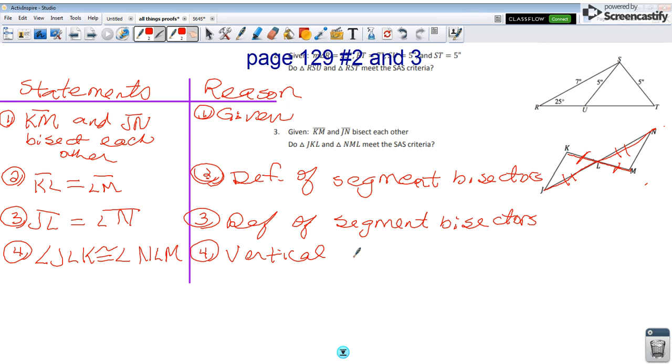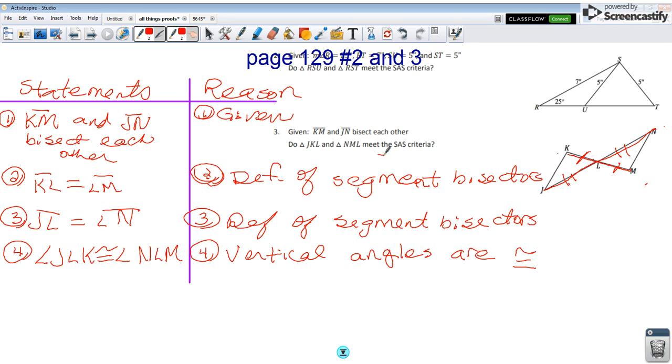Yes, Caleb. JLK and NLM. Vertical angles are congruent. Okay, now we have. You talking about JKL? Yeah.